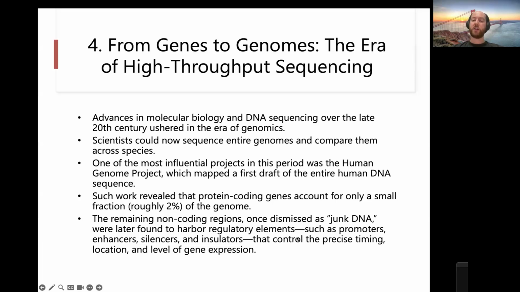So they basically contain switches that switch genes on and off, that make genes active or inactive. And so it seems that a lot of the genome is really important, really functional switches, and that actually the protein coding sequence, which is also important, is only 2%.